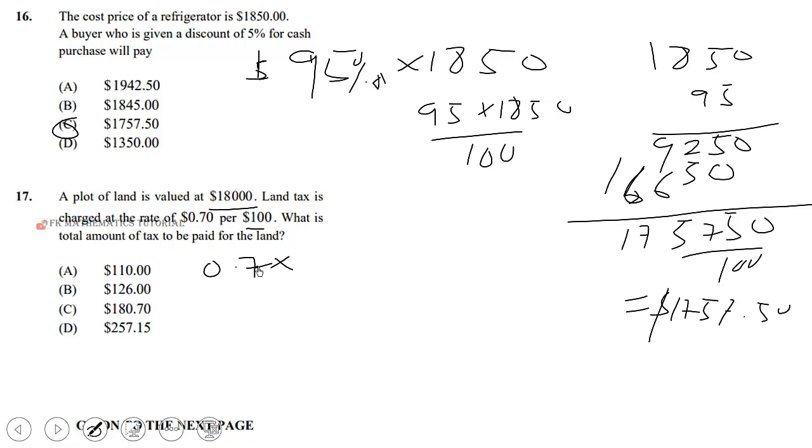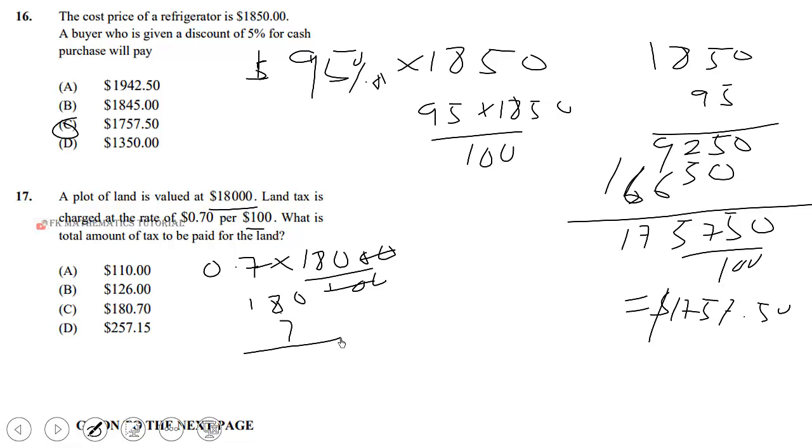So that will be 180,000 divided by 100, which is 1,800. So 0.7 times 1,800. So multiply 7 by 1,800 and divide the result by 10.